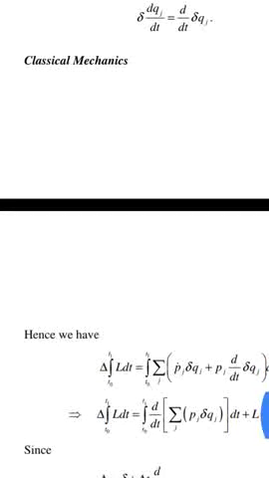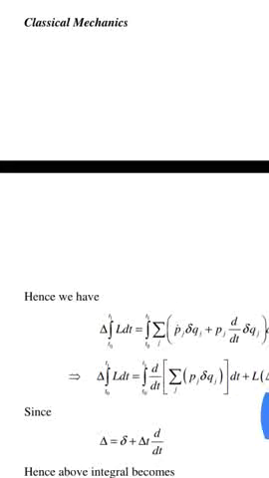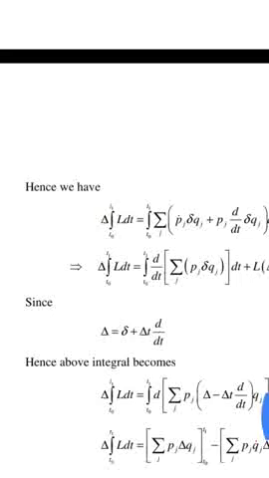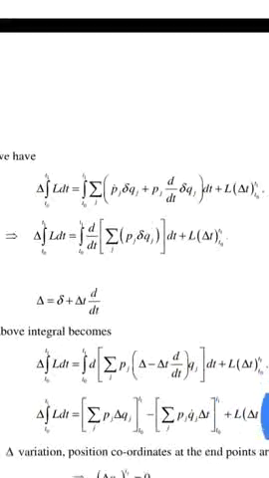Since delta dqj divided by dt is equal to d by dt of delta qj, hence we have del integration of t0 to t1 L dt is equal to integration of t0 to t1 summation of pj dot delta qj plus pj d by dt of delta qj dt plus L delta t, t0 to t1.